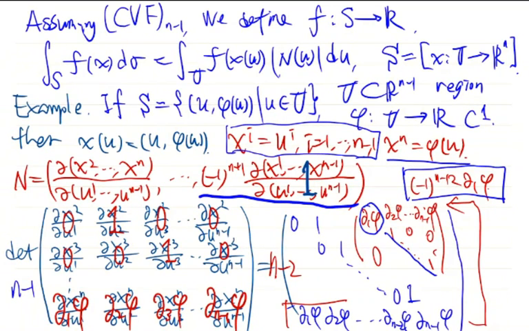What's x(u)? Here x(u) is (u, phi(u)). This is the expression of the parametrization. So f of x(u) is f(u, phi(u)).